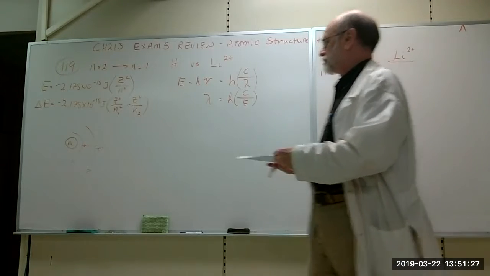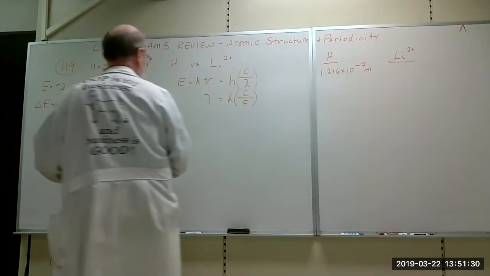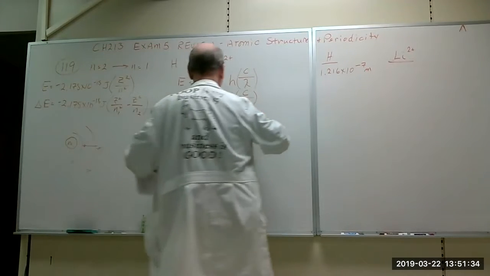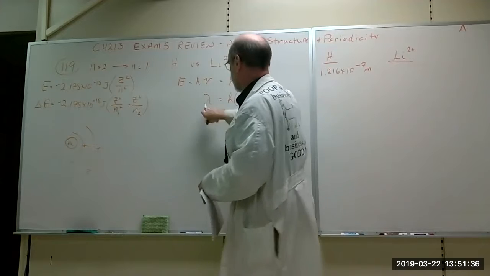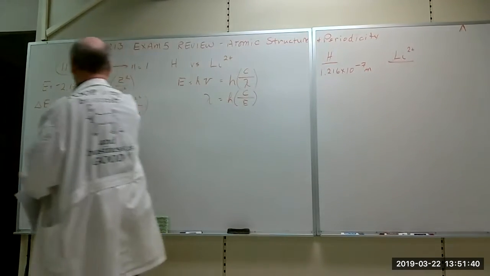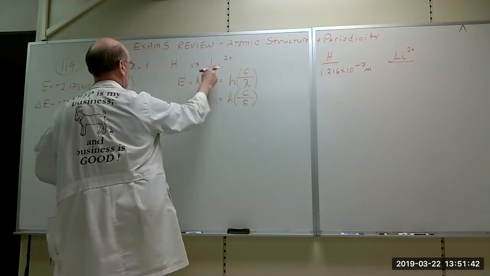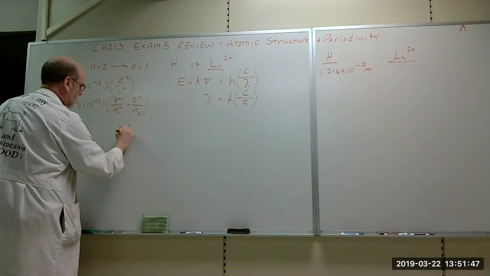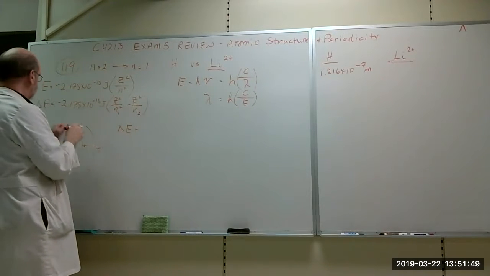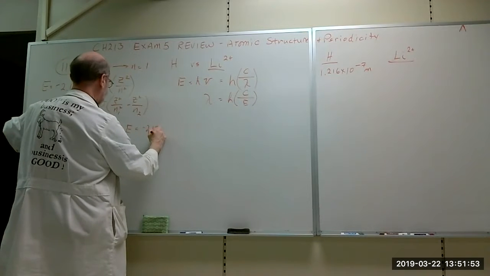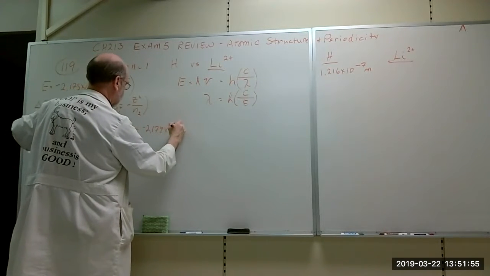lithium. Okay. So we're going to have this energy value incorporated in here. Then we can find out what the lambda is. So what we need to do is solve this equation for lithium. Okay. So the change in energy here is minus 2.178 times 10 to the minus 18.